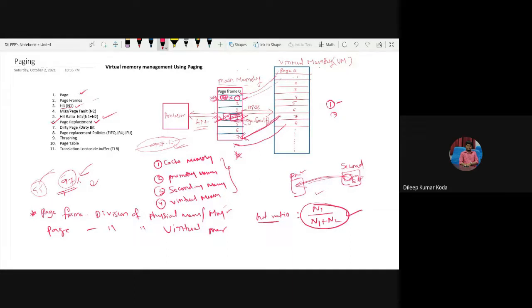I'm not using them. So what is the use of that? Still, 2 files are occupying our main memory. There is no use with this, right? So I can replace these 2 pages with some others. That's the idea.